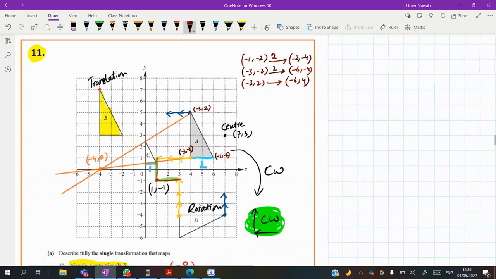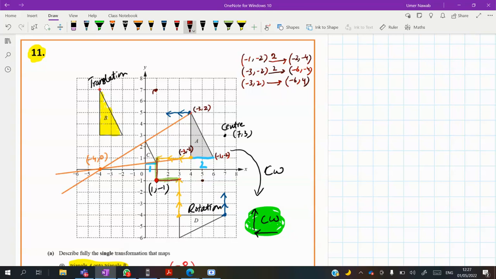So let me represent these points: -2, -4, put the dot here, -6, -4, and -6, 4.